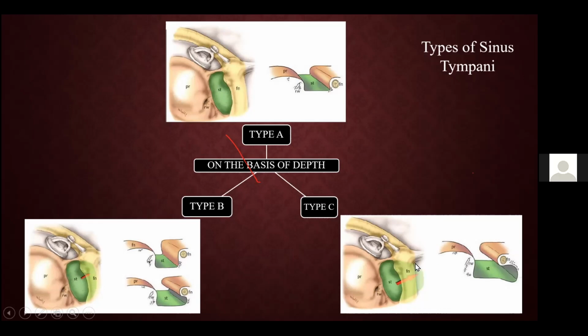In type C, which is a very deep sinus tympani, crossing the medial aspect and going posteriorly to the facial nerve, these are very difficult to clear even with endoscopes. So it has been suggested that we can use retrofacial approaches from the mastoid and clear the disease if we see a type C or a very deep sinus tympani.